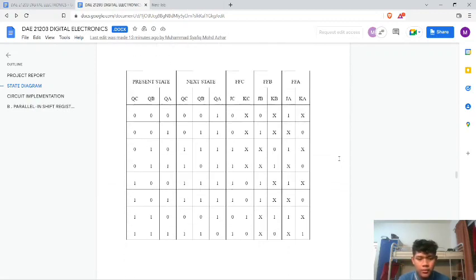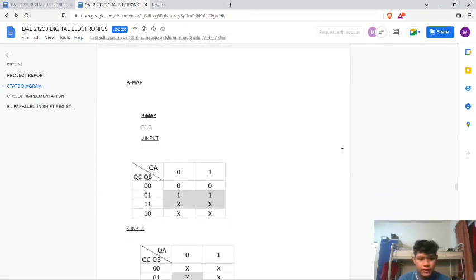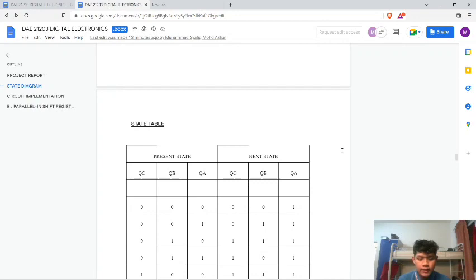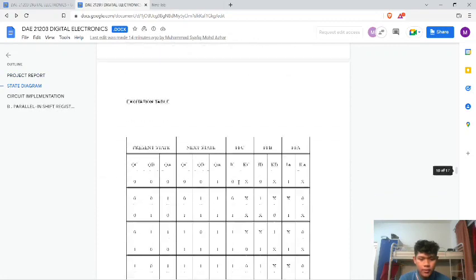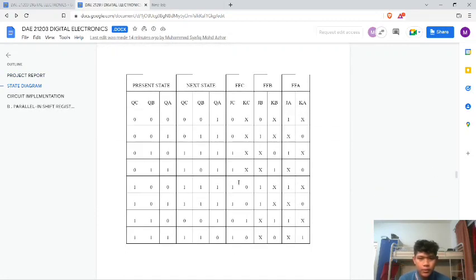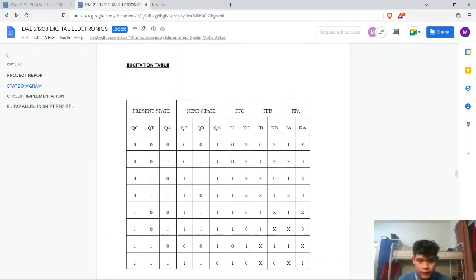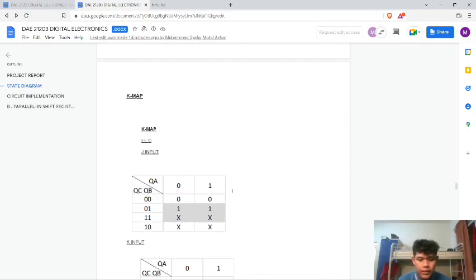I will explain how to get the Boolean expression by using K-map. Firstly, we need to get the next state by referring to the state diagram, and then we need to find the flip-flop inputs for C, for B, and for A. After that, we transfer the output that we get from the flip-flop to the K-map by using the sequence.